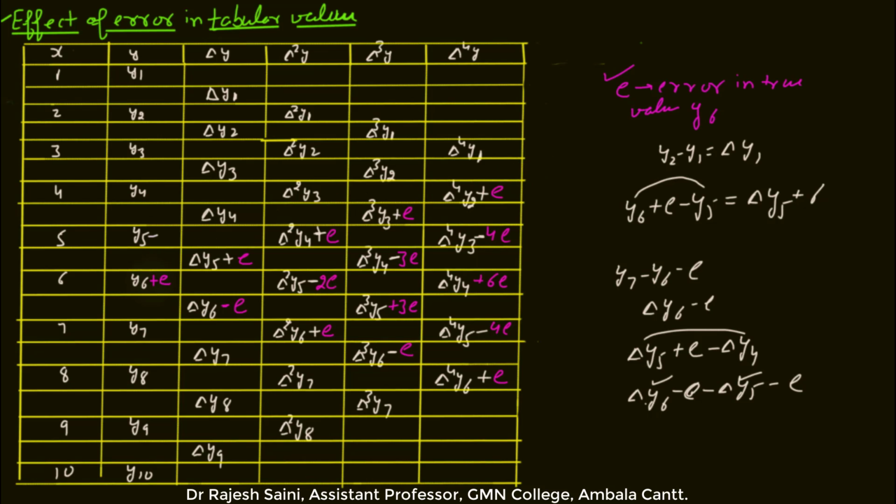It is propagating in triangular form, like it started from here and it is going in this direction. Fine, agree. So this also started from here and it is going in that direction. So it is propagating in triangular form.